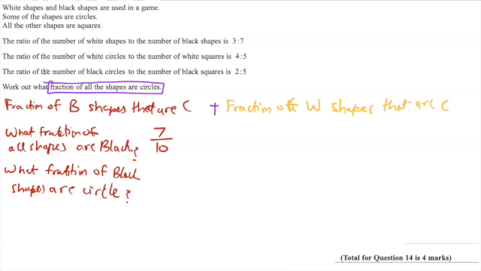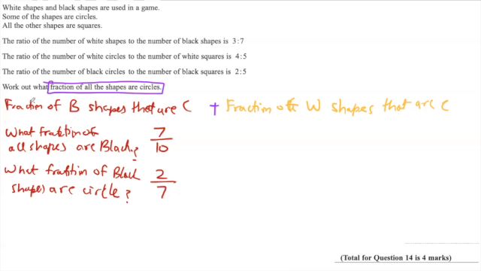So let's go to the statement that talks about black shapes. Black circles to black squares is 2:5, which means if there's 2 plus 5, 7 black shapes, then two out of them are black circles. So the fraction would be 2/7.